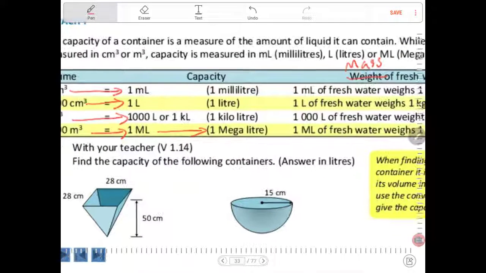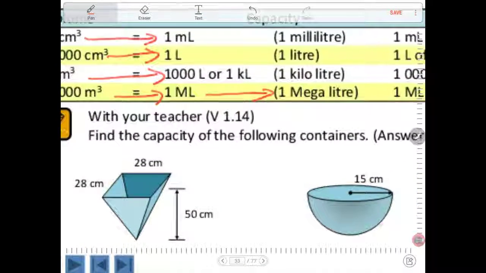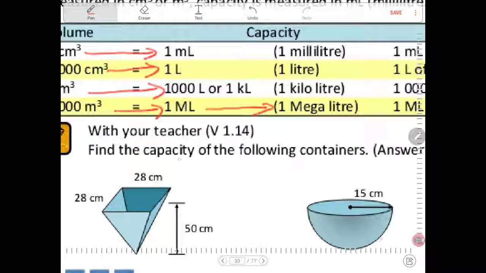But more to the point for now, we want to find the capacity of these containers. So let's start with this kind of upside down pyramid over here. Now, the first step in determining capacity is to find volume.